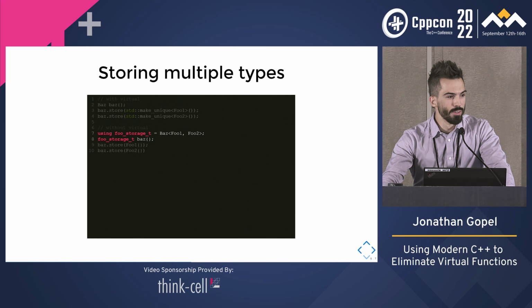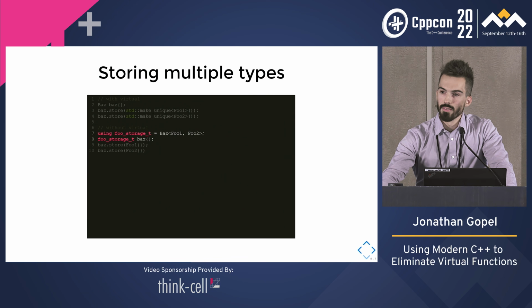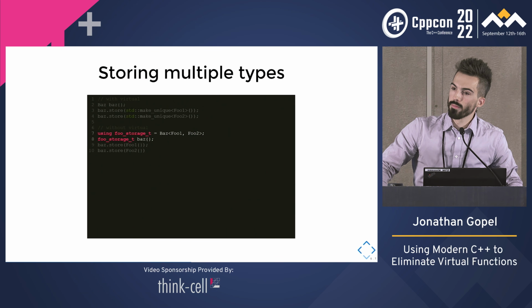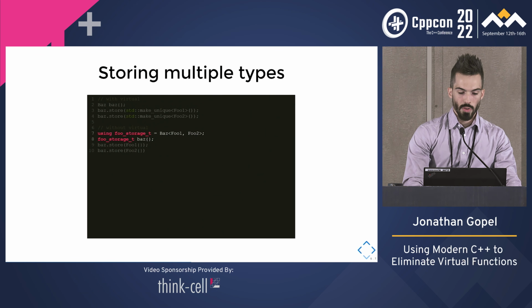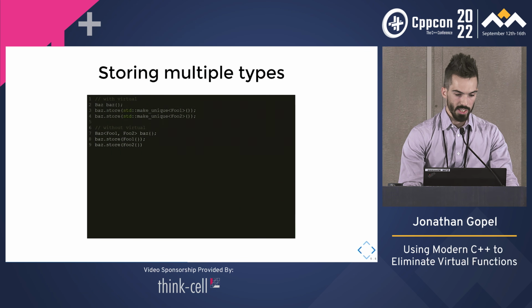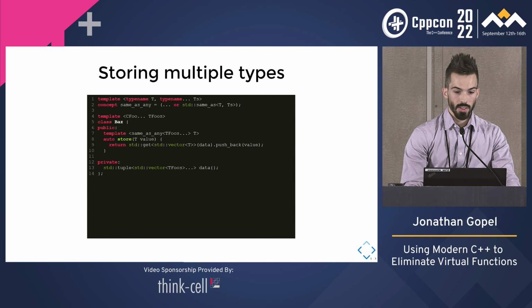So does anyone have questions about storing multiple types or any of the previous things? Yeah. Stable ordering across types, I didn't get that. Like between foo1 and foo2, why are we losing the ordering? So the question is, why don't we have stable ordering across types?